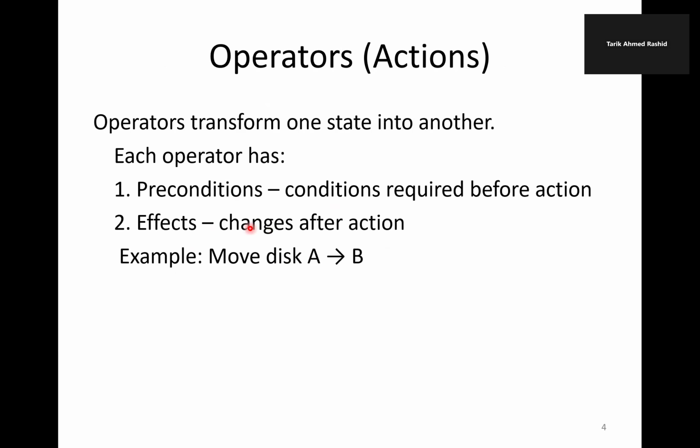Now, moving from one place to another place can be done by operators or actions. So moving from source A to B should be by actions, and the source is a state, and B is the next state.